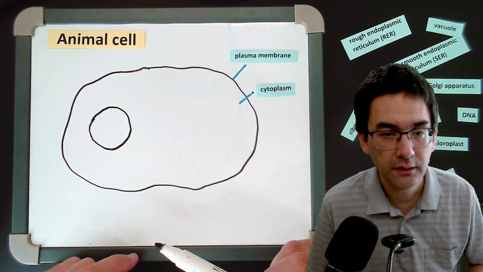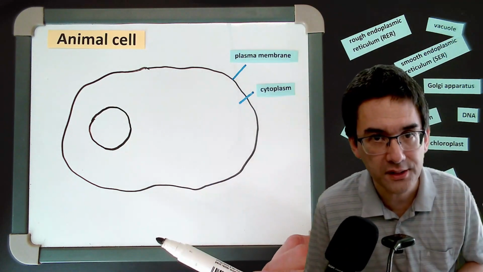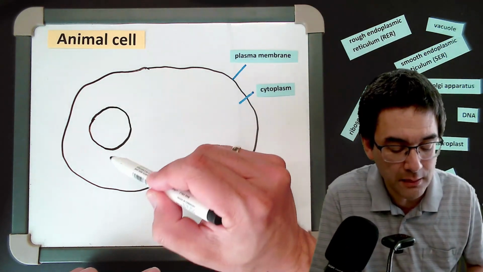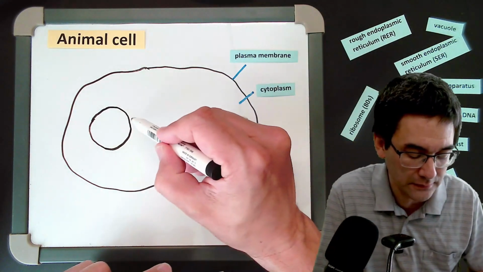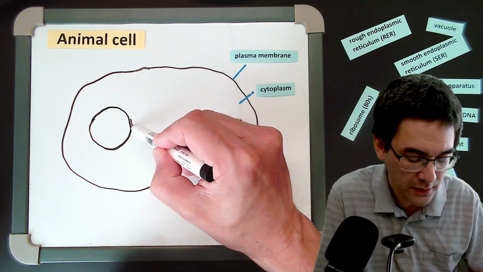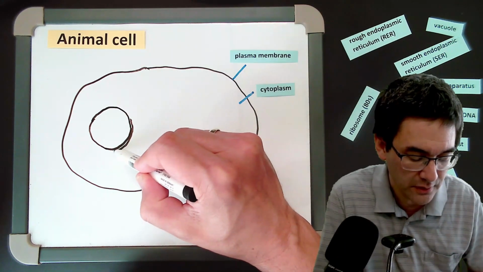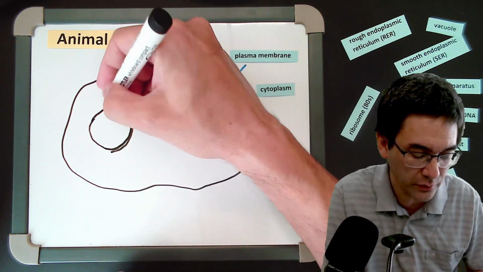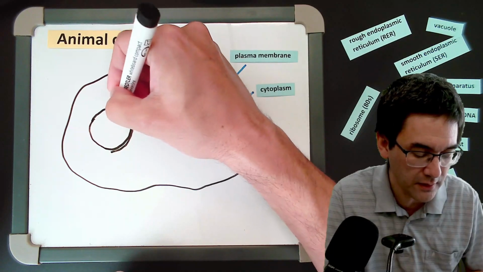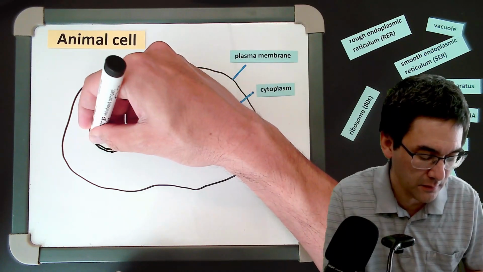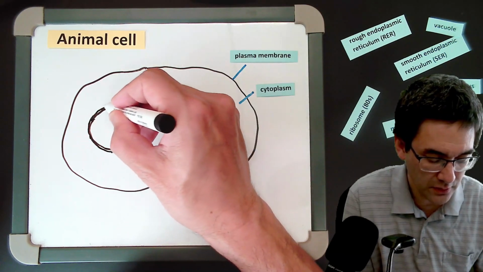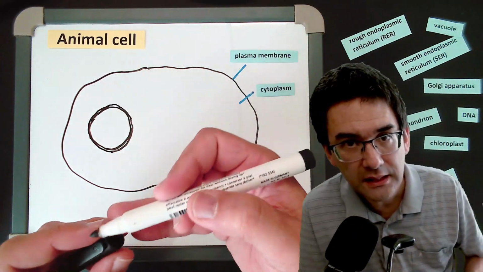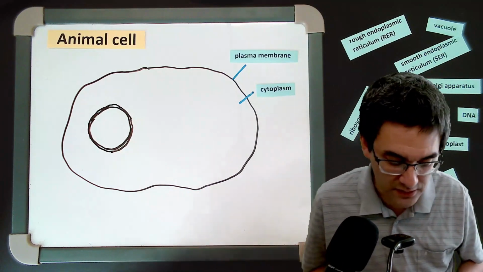And the nucleus has two membranes. Okay, so this means I need to draw a second membrane around it. It's very close to the first membrane. So it's going to be a little bit difficult now because the marker is relatively thick, and you get the idea. So these are the two nuclear membranes, and this is the nucleus.